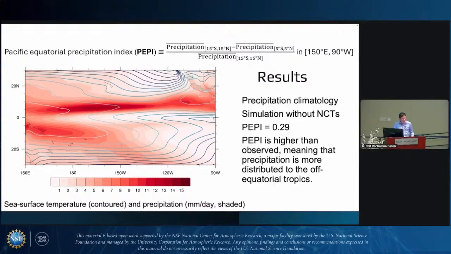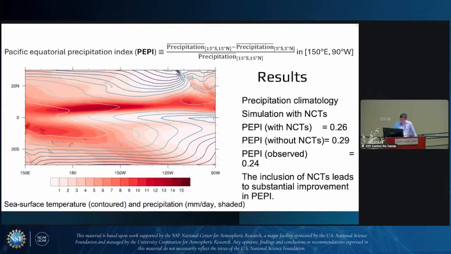This index increased to 0.29, which means that the precipitation is more distributed to the off-equatorial tropics when we turn off the non-traditional Coriolis terms. And this is from the simulation with the non-traditional Coriolis terms, and we see that this PEPI index is in between. It's getting closer to the observation, which means that the inclusion of the non-traditional Coriolis terms leads to a substantial improvement in this index.